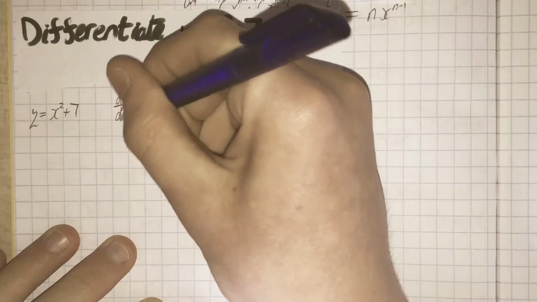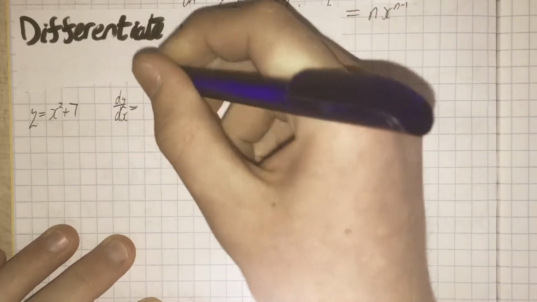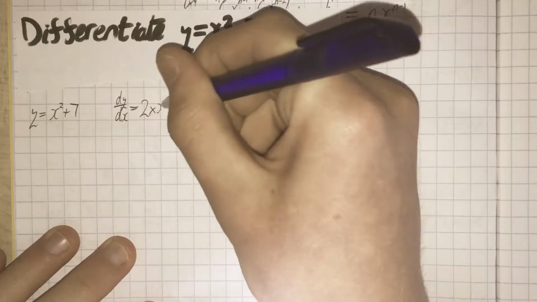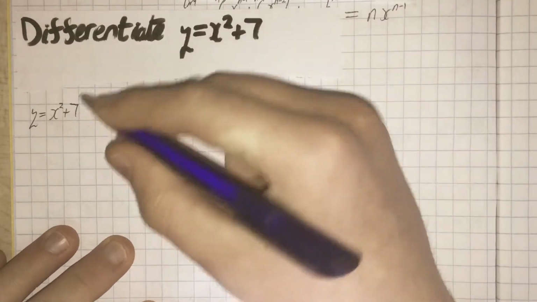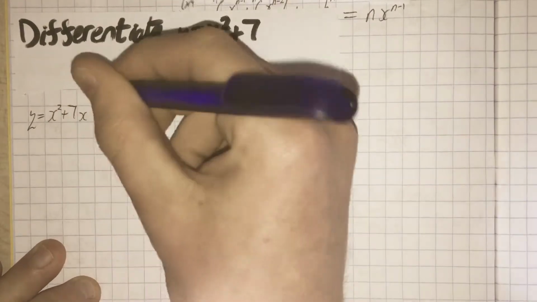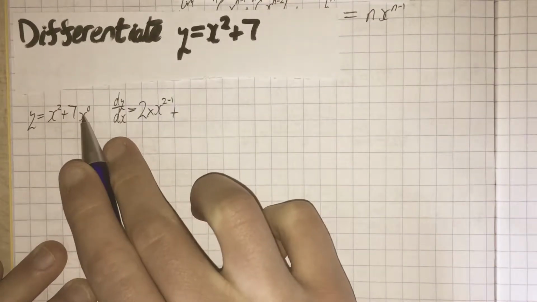dy/dx is going to equal 2 times x to the 2 minus 1 plus, well, there's 7 here. That is 7 x to the power of 0.